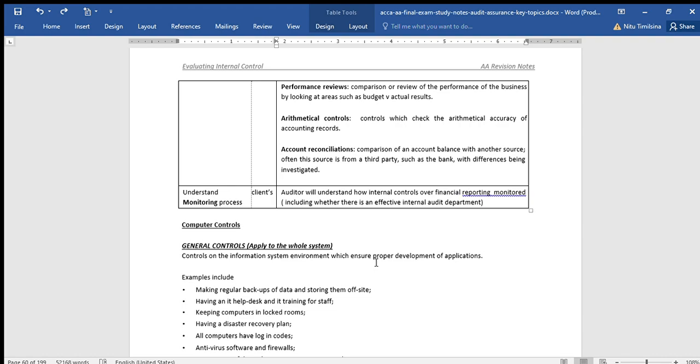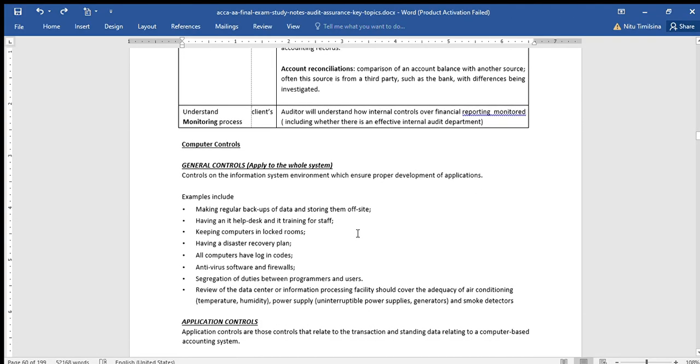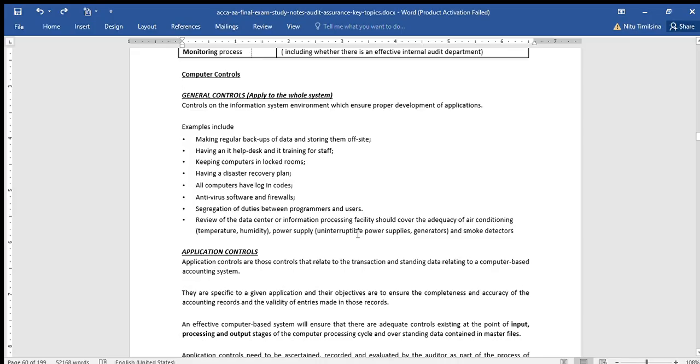Computer control, general controls apply to the whole. It is a general control means apply to the whole system. Control on the information system ensures proper development of application. Examples include making regular backup of data and storing them offsite, having an IT help desk and IT training for staff, keeping computers in locked rooms, having disaster recovery plan.